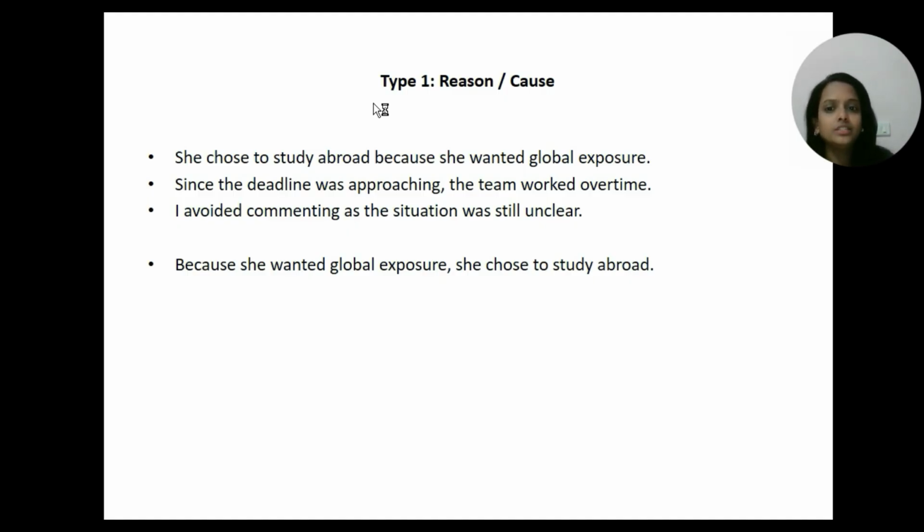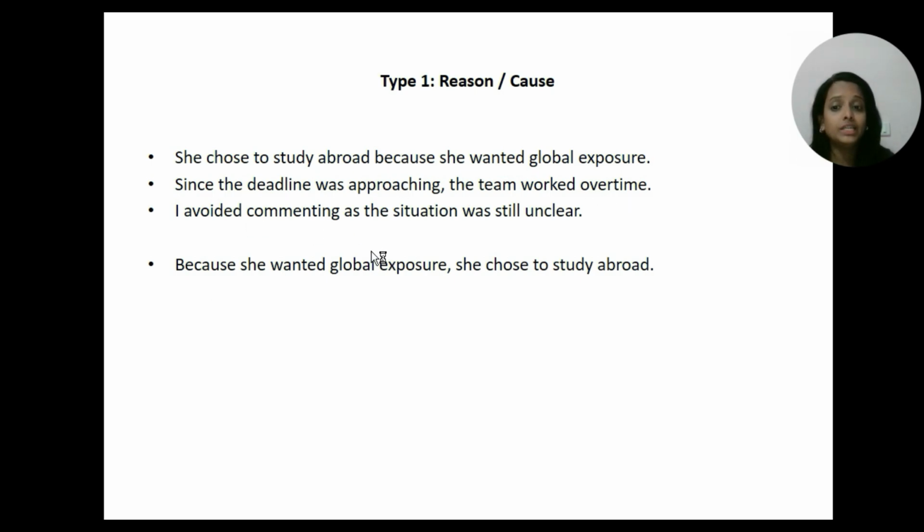Type one is reason or cause. Yes, the usage of because, since, as. This is the most common type. You use it when you want to explain why something happened. For example, she chose to study abroad because she wanted global exposure. Since the deadline was approaching, the team worked overtime.